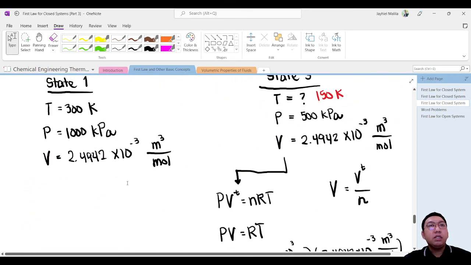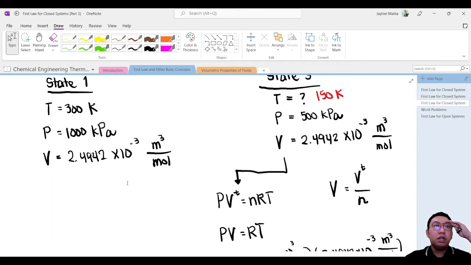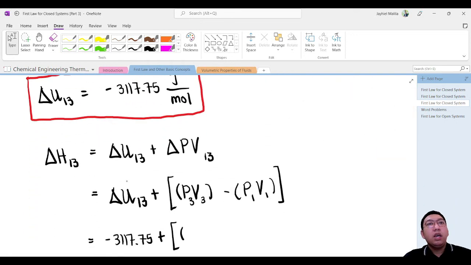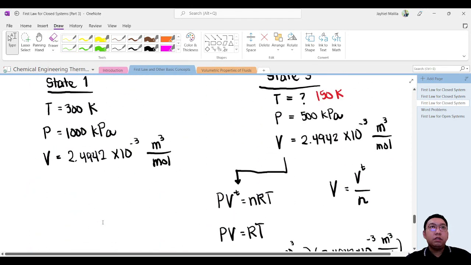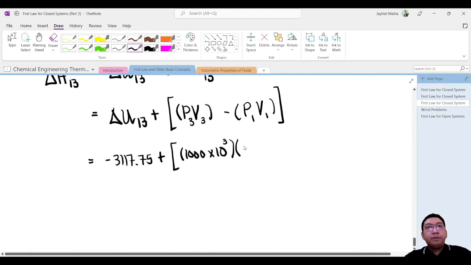The pressure is 1000 kPa. I need to be very conscious of the units here: 1000 times 10 to the power 3. It should be multiplied as meter cube Pascal. That's why I put times 10 to the power 3 here. 2.4942 times 10 to the 3.